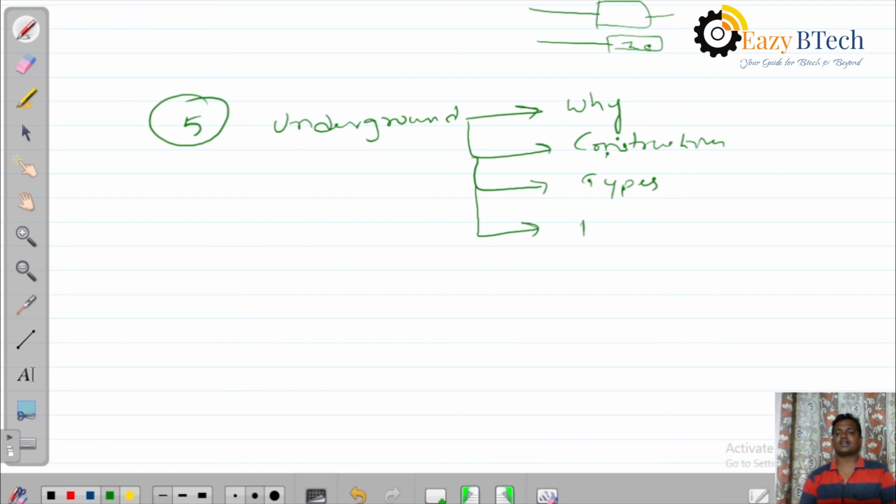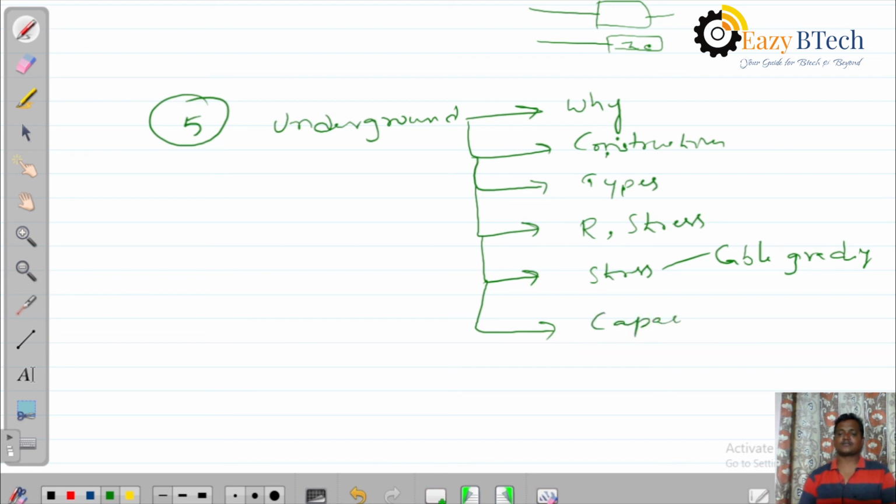how to calculate the resistance and stress in an underground cable. If the stress distribution is not uniform, then how to give the gradients, cable grading techniques, how to distribute the stress equally to the layers of the underground cable, and also how to calculate capacitance in an underground cable for a single phase cable and a three phase cable.